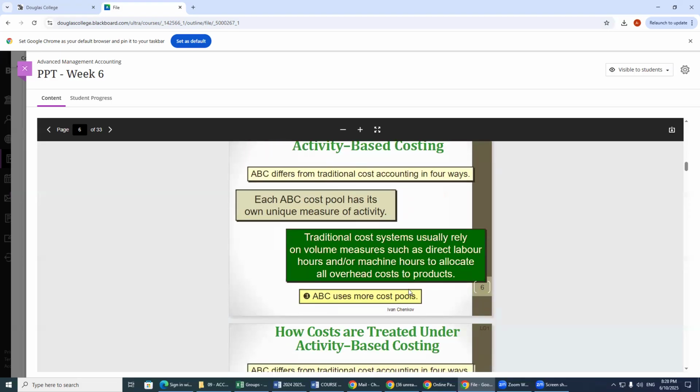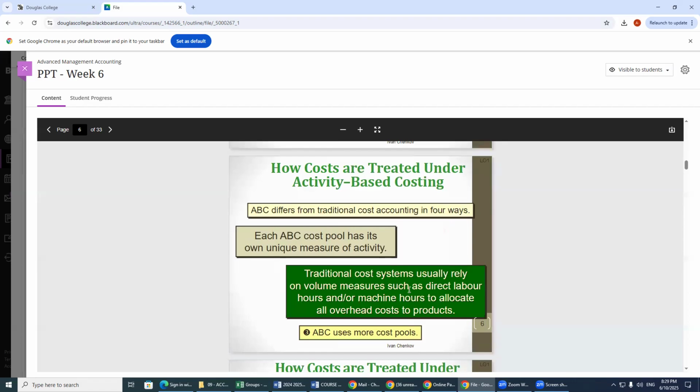So how is that different? In activity-based costing, each cost pool will be very unique. It's going to have its unique measures. The measure is not going to be the same. Whereas in the traditional costing system, we're using only one measure.